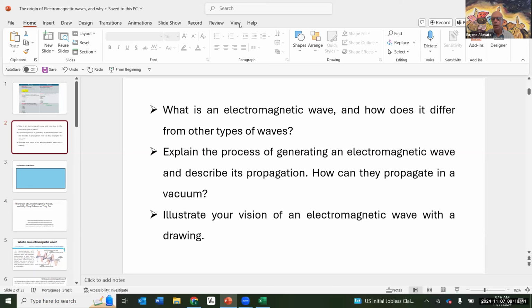What I'd like you to do now is to take some time and try to write as much as you can about your understanding of what is an electromagnetic wave, and also how does it differ from other types of waves. So you can give examples of other waves that you're familiar with, and then explain the electromagnetic wave.